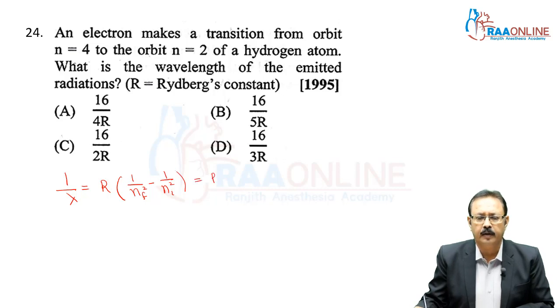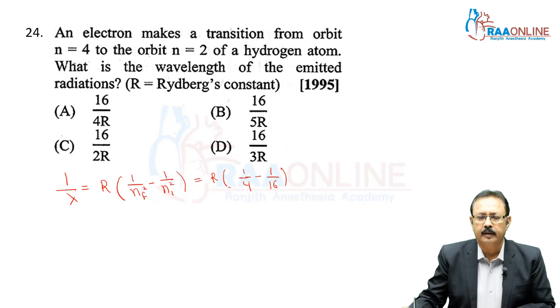So R into 1 upon 2 square, which is 4, minus 1 upon 4 square, since initially it was in the 4th orbit. Take LCM.